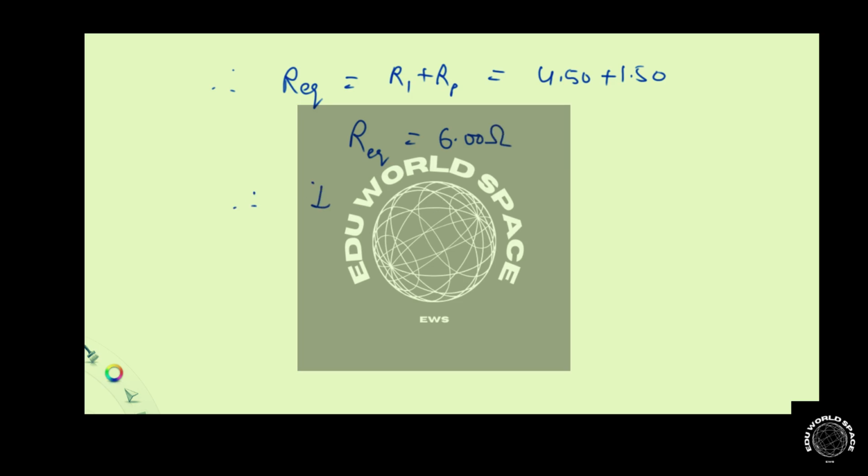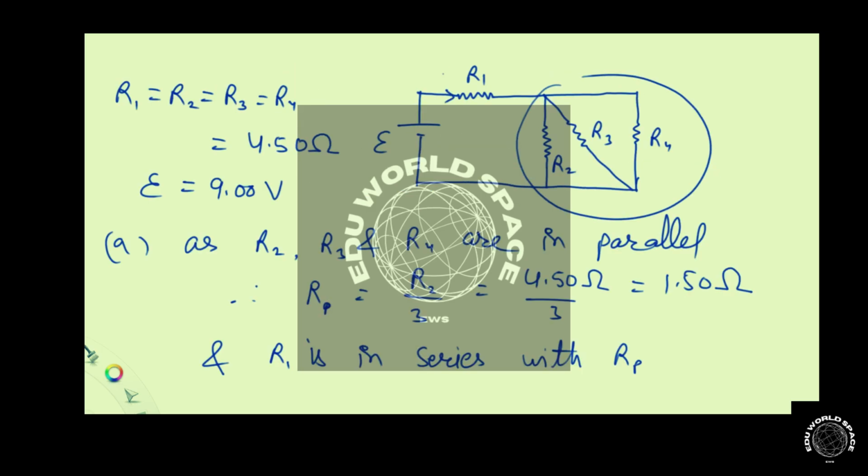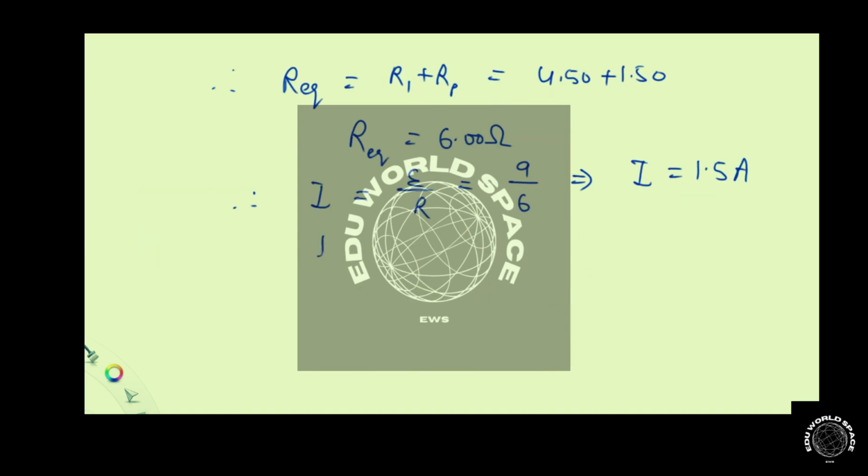So current passing through this combination, using Ohm's law, will be given by epsilon by R equivalent, means this is 9 divided by 6, or we can say total current entering into the circuit. This is 1.5 ampere.